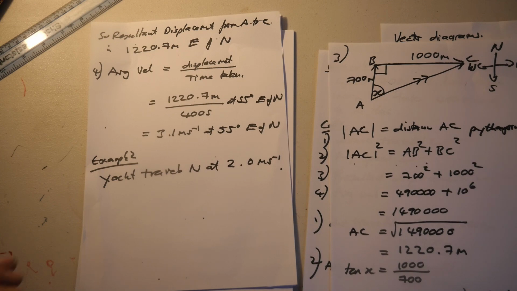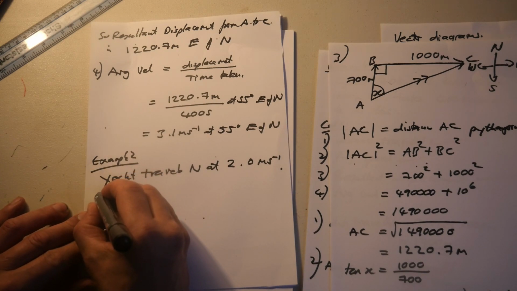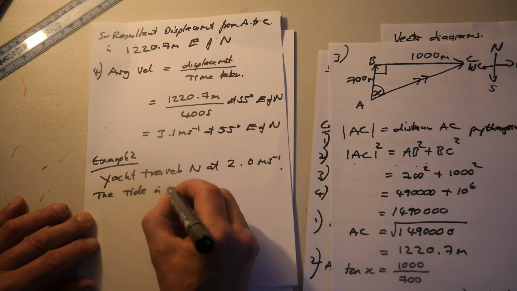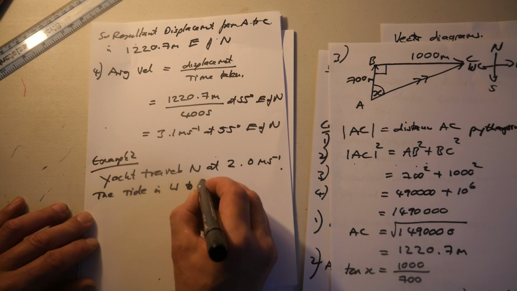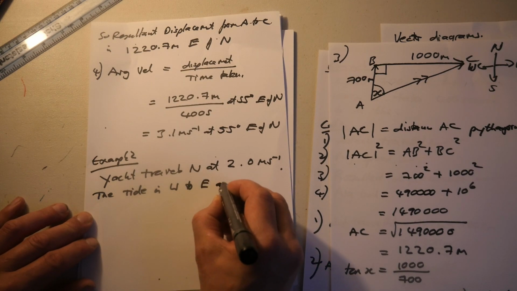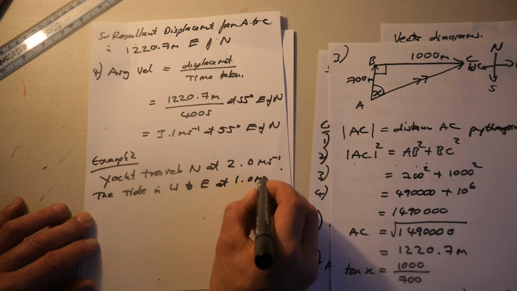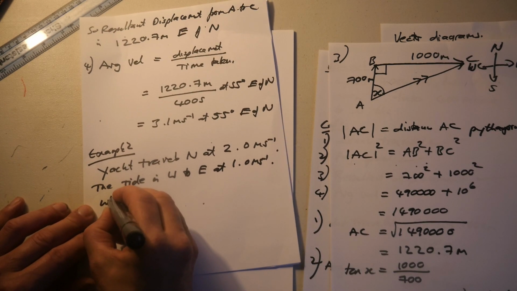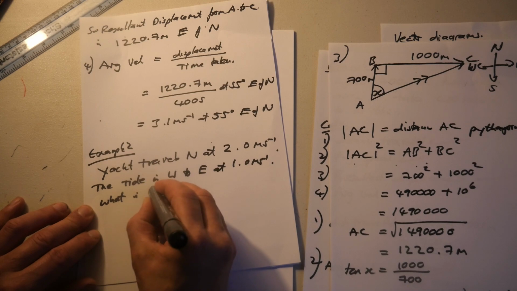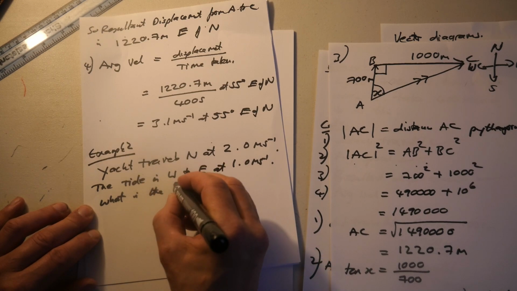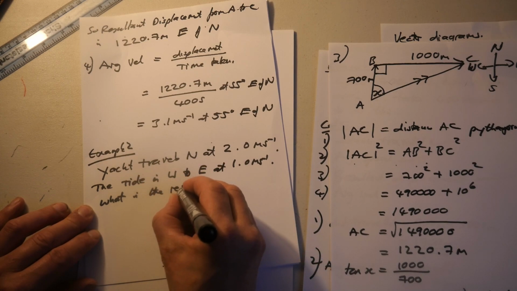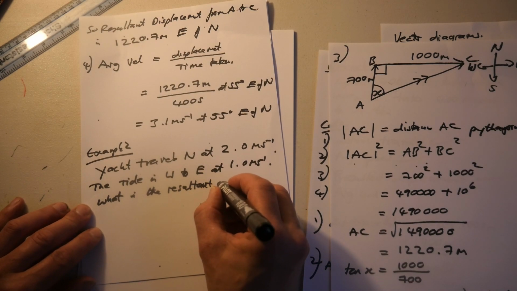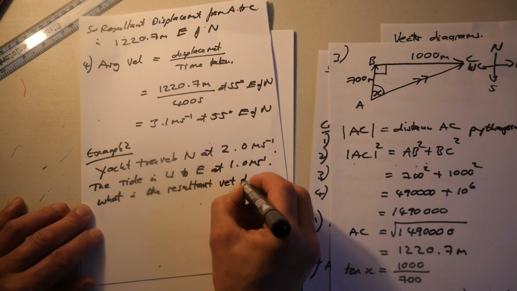The tide is west to east at 1 meter per second. So what is the resultant? Resultant vector of yacht.